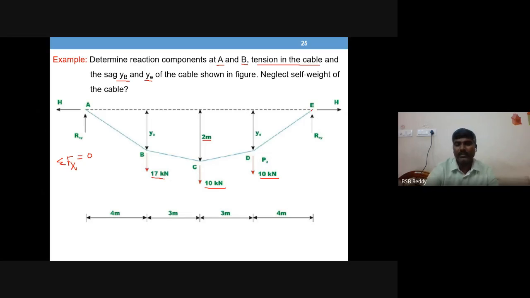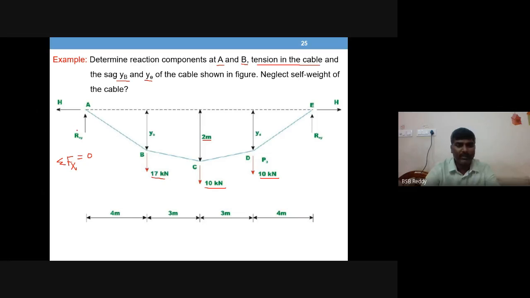Now you can see the reactions here. This is towards right. This is upward. Similarly, at A also.